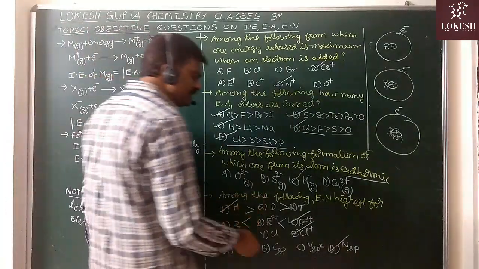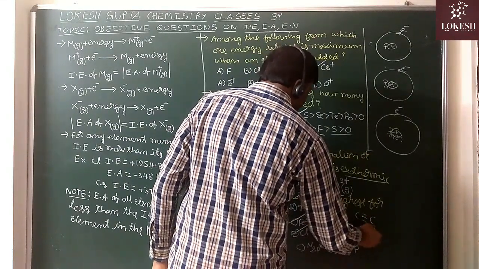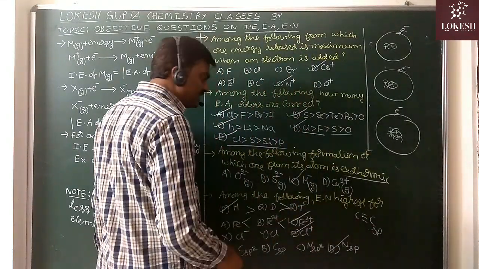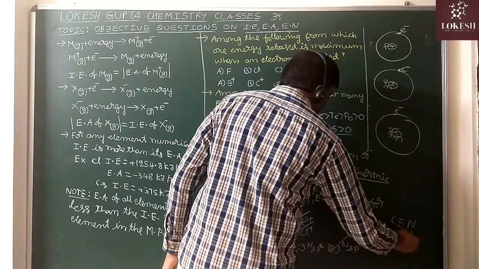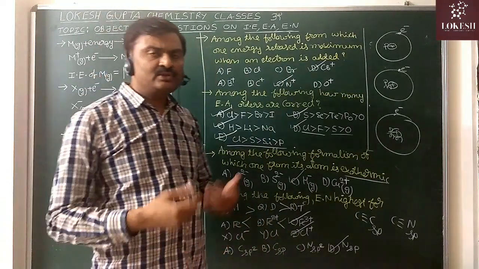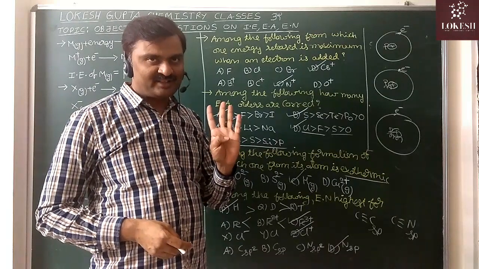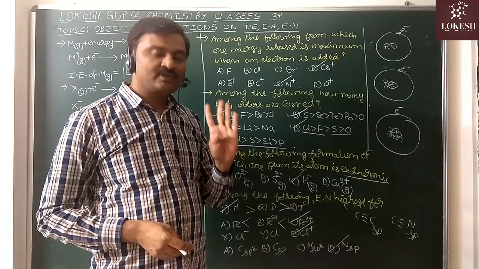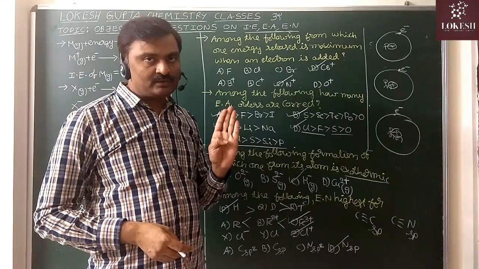See, sp3 hybridized carbon, sp hybridized carbon with a triple bond. Similarly, sp hybridized nitrogen: in cyanide, this nitrogen is sp. See, for carbon compounds, to find the hybridization, there is one simple finger rule. Carbon valency 4, open 4 fingers. Now, how many fingers do we have to close?